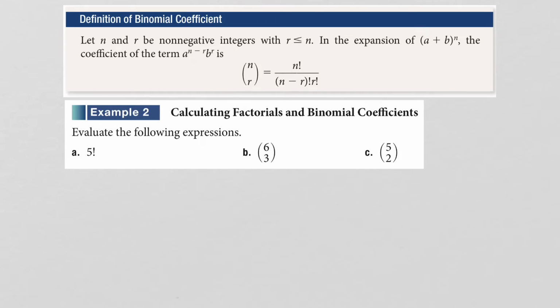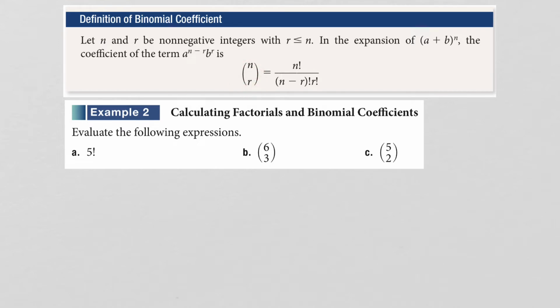So the definition of the binomial coefficient is we're going to let n and r be non-negative integers, and r has to be less than or equal to n. In the expansion of a plus b to the nth power, the coefficient of the a to the n minus r times b to the r term is this thing right here. And this is what we call a combination.